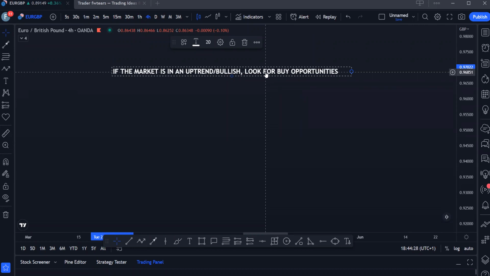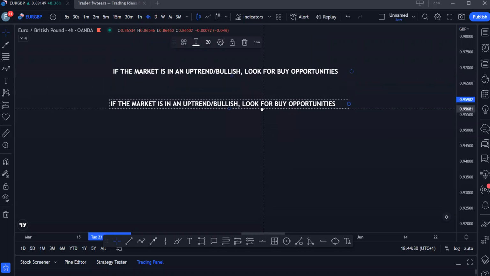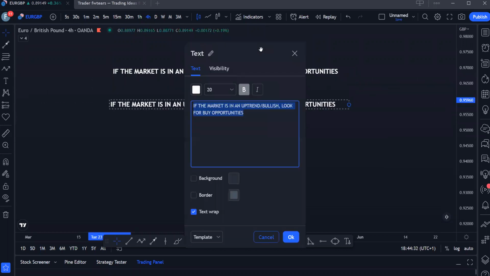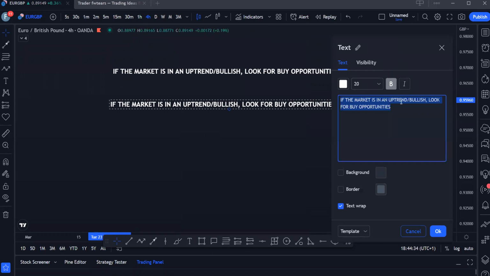Okay. Likewise, when the market is bearish, what do you do? If the market is in a downtrend, which is bearish, you want to look for what?